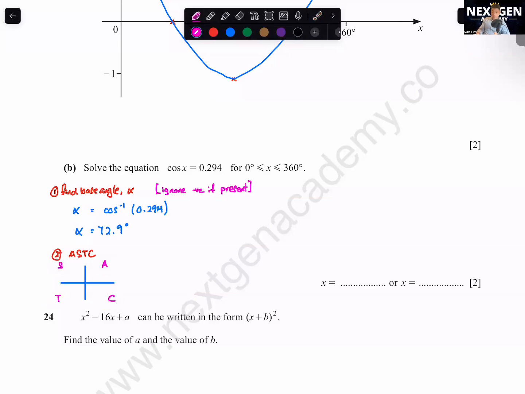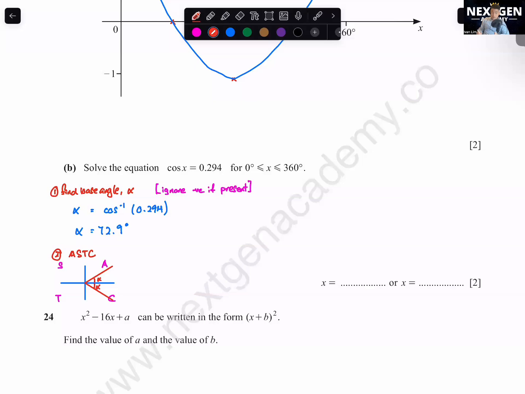If your answer is in the first quadrant, that means all your sine, cos, tangent values are positive. So here, cos x equals positive 0.294. I want to see which quadrant fits this equation that they gave us in the question. So it will fall under this quadrant and this quadrant.